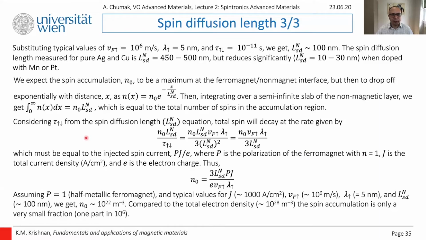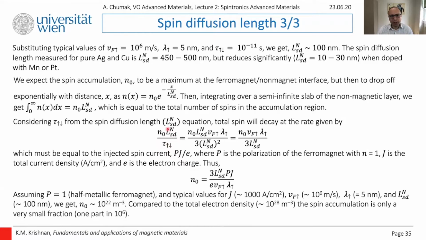So the next question: what is the decay rate of the spin accumulation? You can define it as this total number of spins in the accumulation region divided by the time of spin flip relaxation, tau spin up down.